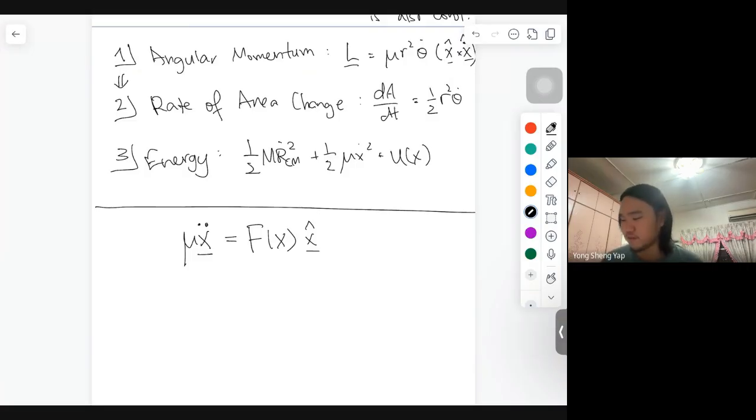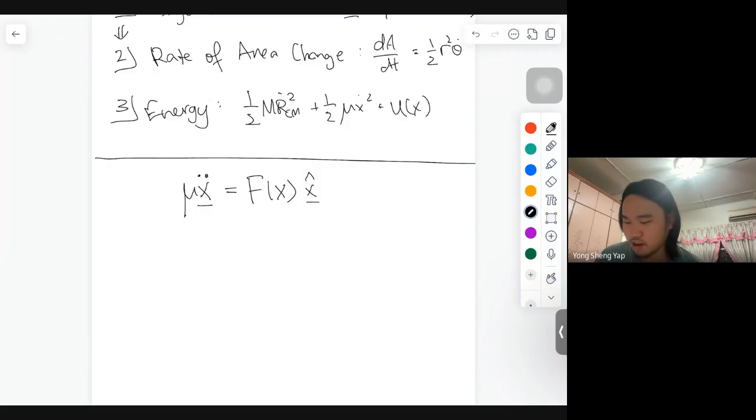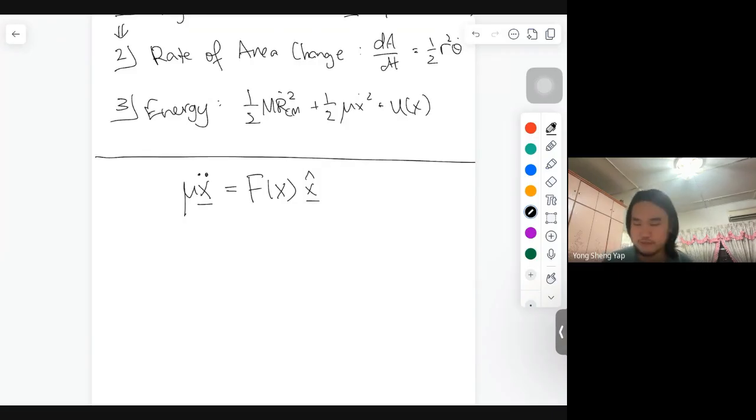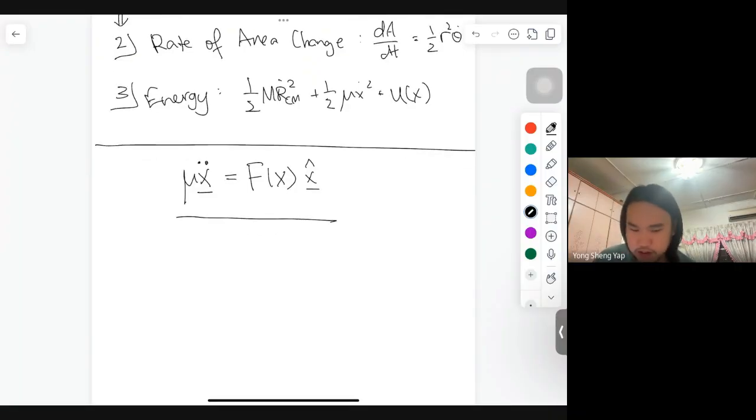But this is very difficult to solve. That's why I talked about energy. So let's first look at the energy of the system, which, I think, like Zizan has shown you, can be taken as the integral of the equation of motion.